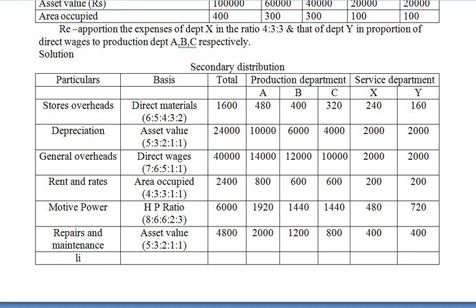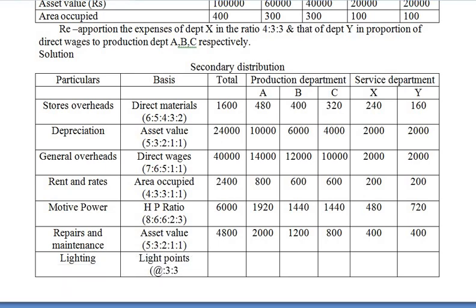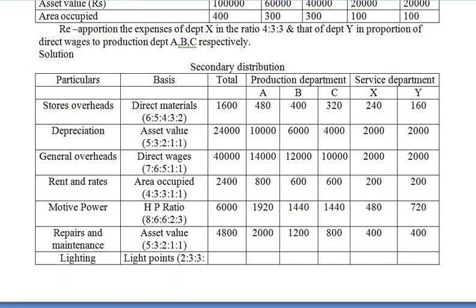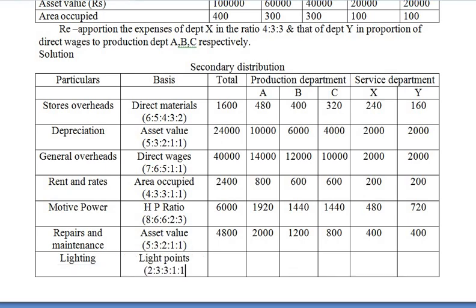Next is lighting. Now lighting is related to number of light points. Light points is already given in the problem. Find out the ratio over there. That is 2 is to 3 is to 3 is to 1 is to 1.